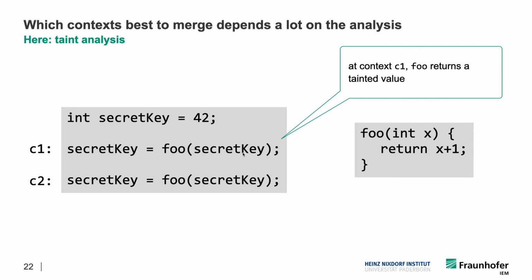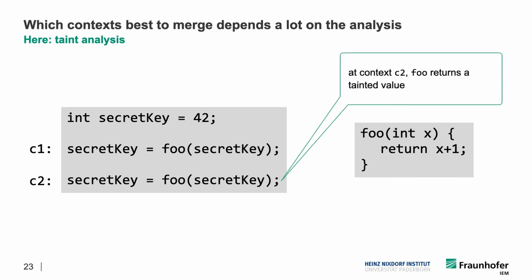Now, if I apply the same analysis to the second call site, to C2, the second calling context, the analysis will also tell us that here, foo returns a tainted value. So now you have two contexts that, with respect to taint analysis, are equivalent.